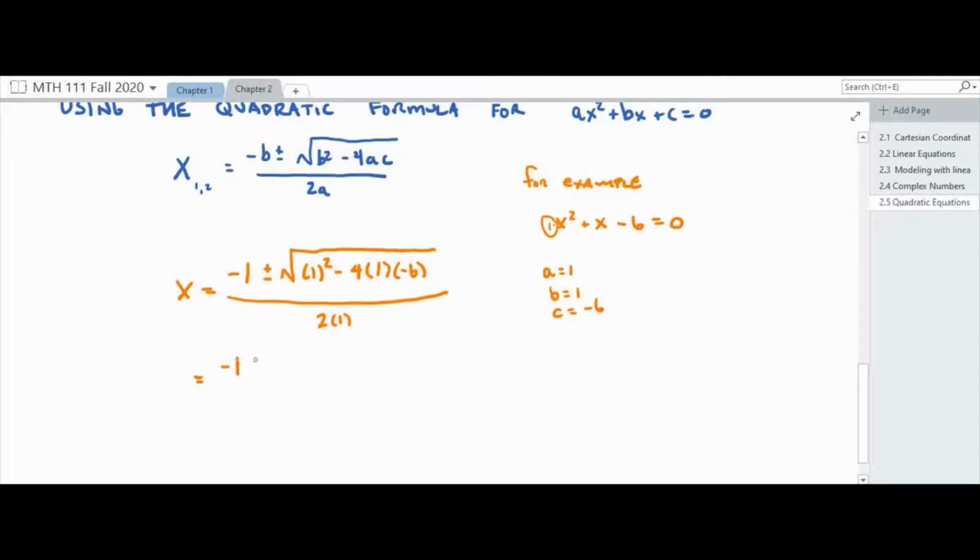So this equals minus 1, plus or minus, let's actually make this minus 1/2. We'll split this into two fractions, plus or minus the square root of 1 minus, so 4 times 1 is 4, times 6 is 24, it's minus 24 times minus 1, so plus 24, over 2, which is minus 1/2 plus or minus square root of 25 over 2 equals minus 1/2 plus or minus 5 over 2.